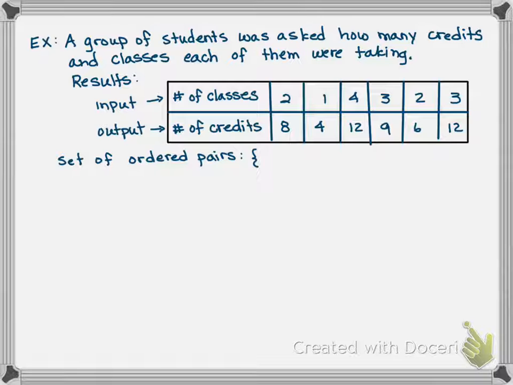Sets always go in curly brackets. 2 is paired with 8. 1 is paired with 4. 4 is paired with 12. 3 is paired with 9. 2 is paired with 6. You're out of room. 3 is paired with 12.